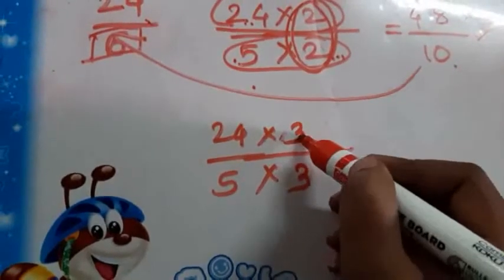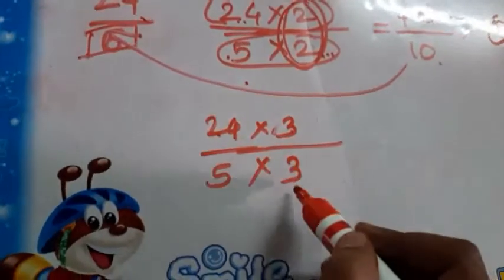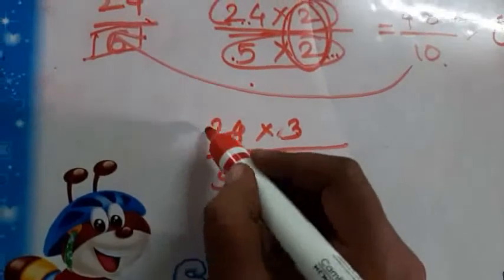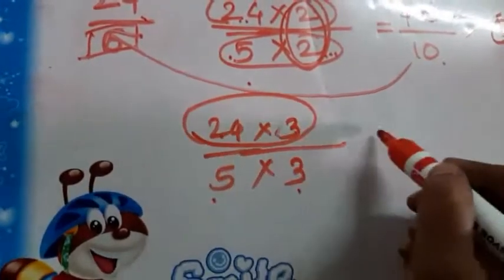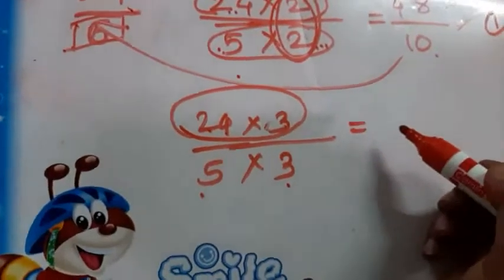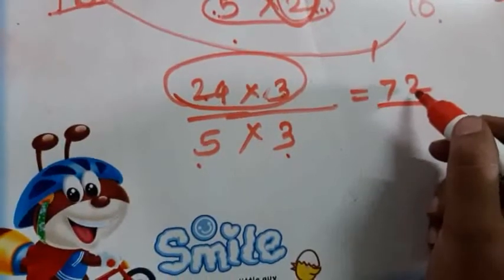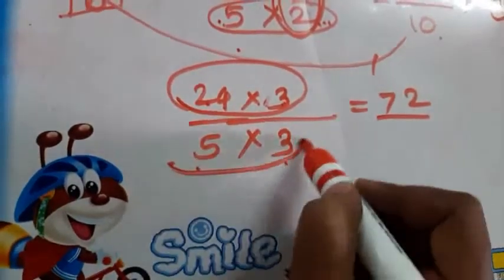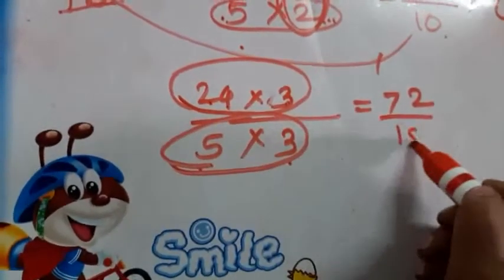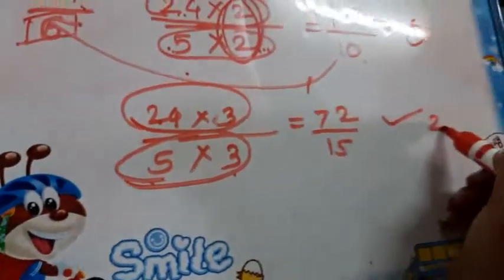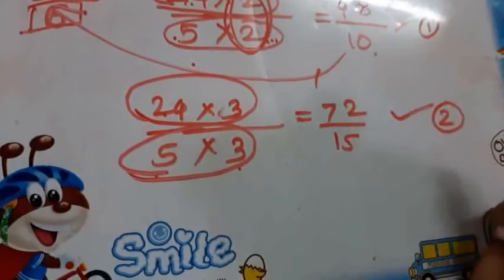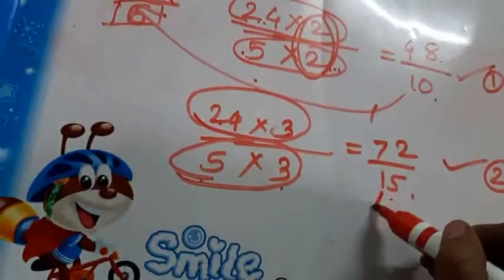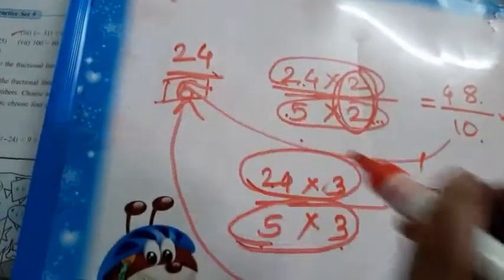So by 3 we have to multiply to numerator also and to denominator also. Now 24 into 3, its answer will be 72. Like that 5 into 3 it will be 15. This is second division of integers which gives this form.